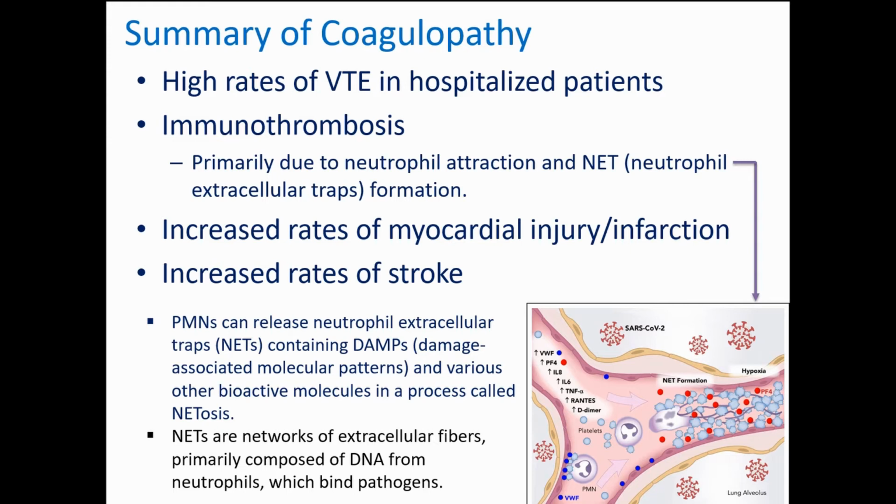But what is really striking in the immunology of COVID-19 is the virus is capable of producing immunothrombosis. Okay, so when it comes to this important pathophysiological mechanism, neutrophils take major action.